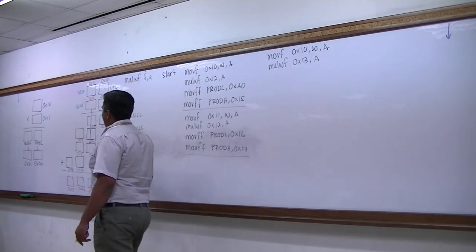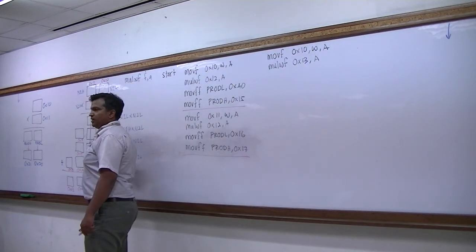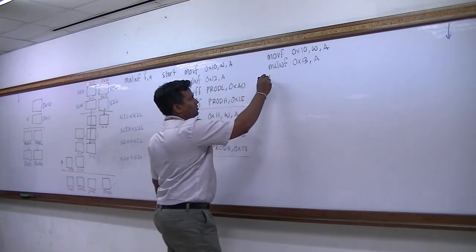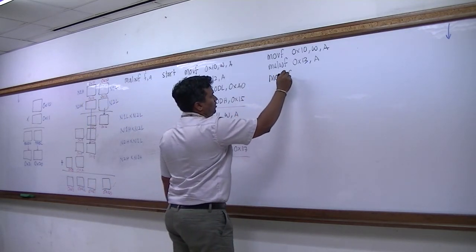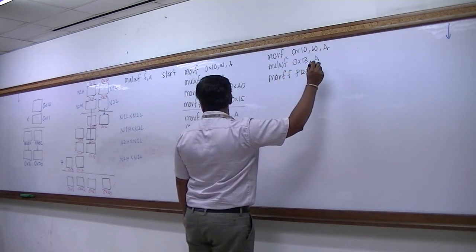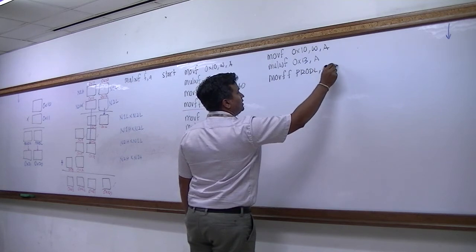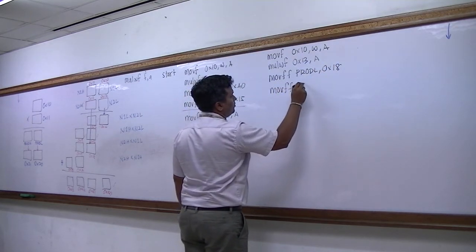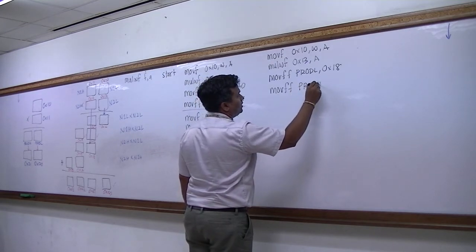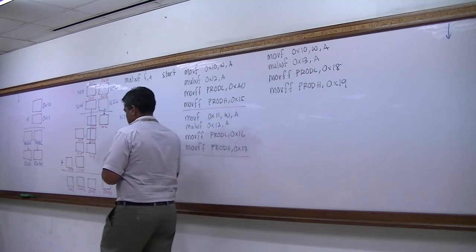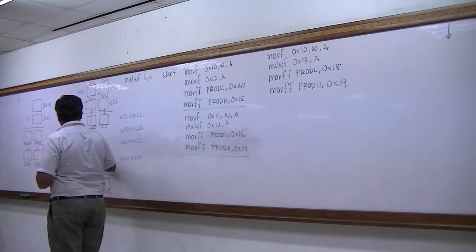The answer is product high, product low. Product low is supposed to move to 18. Product high is supposed to move to 19. So you move FF product low to 18. Move FF product high to 19. So this one and this one.